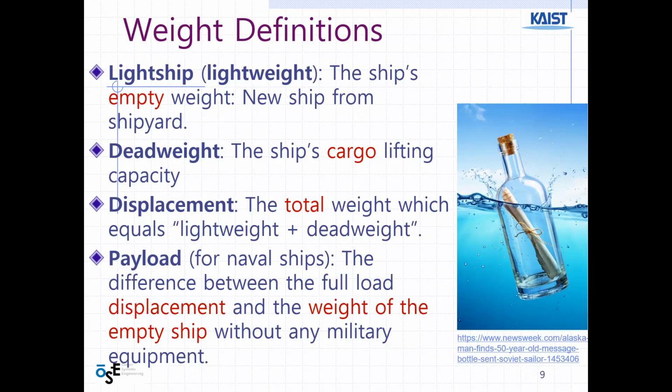So it is the total weight of the ship, the empty ship. More critically, we need to take the letter out. So when the ship is delivered from the shipyard as a new ship, something like a new car coming from the factory, you can say that weight is the light ship weight.